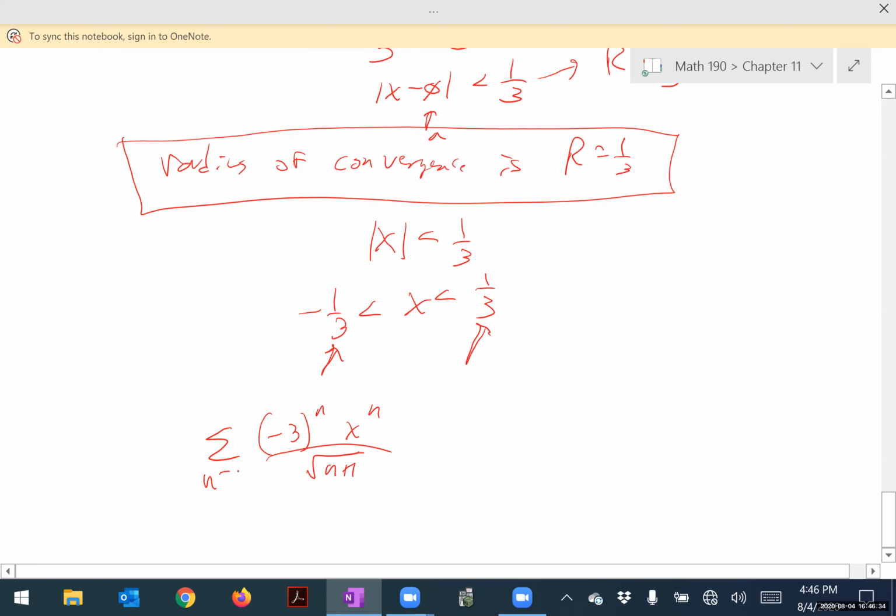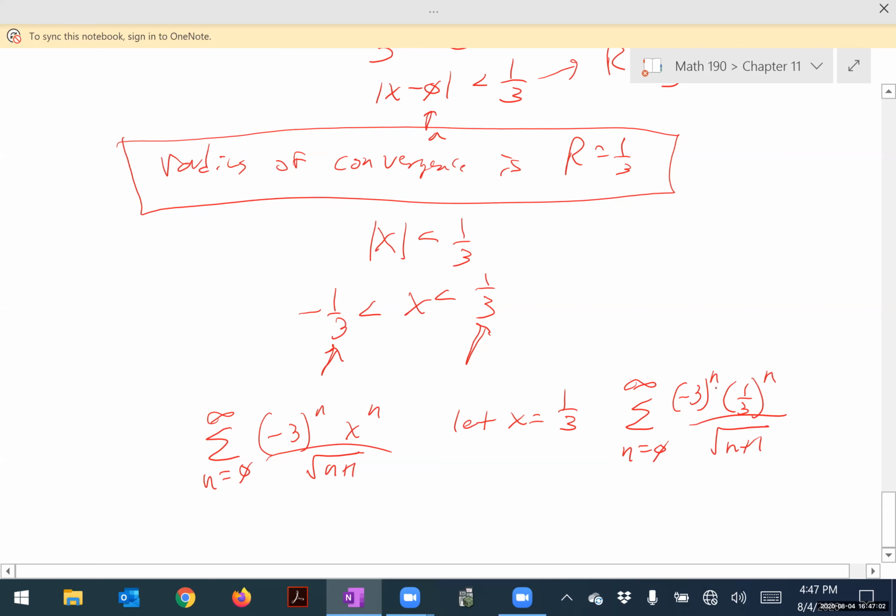This is n equals 0 to infinity. So let x equals 1/3. What's going to happen here? This is the summation n equals 0 to infinity of -3 to the nth times 1/3 to the nth all over the square root of n plus 1.